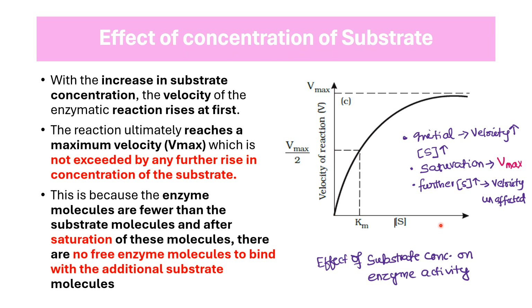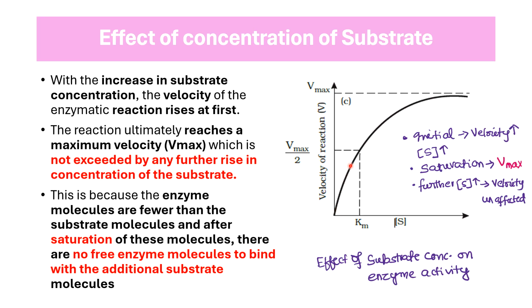So if you see, this is the x-axis, this is the y-axis, and the x-axis is denoting the concentration of the substrate, and the y-axis is showing the velocity of the reaction. We already discussed that velocity or the rate of the reaction is equal to the amount of either the substrate degraded or the product formed, right? So look, if initially you are increasing the substrate concentration, what is happening?